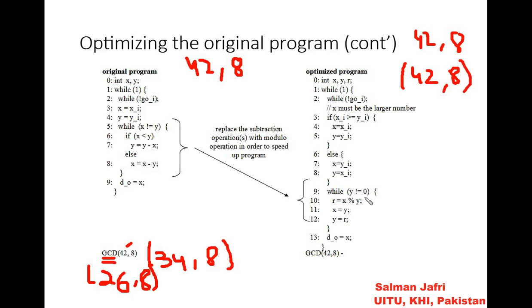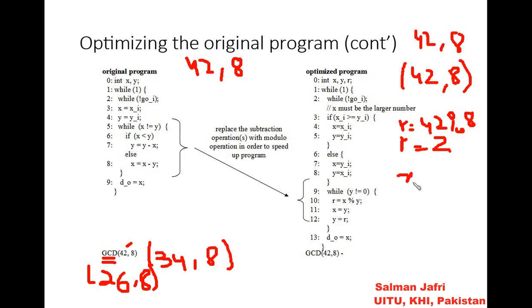So now while y is not equal to 0, what do you do? R is x modulo y. So R is 42 modulo 8, and R comes out to be 2, right? So we assign y to x.